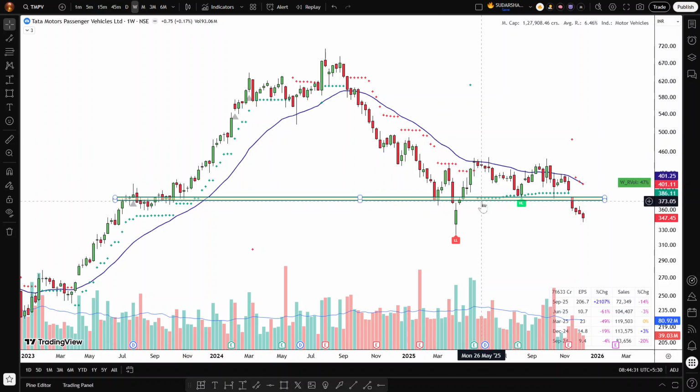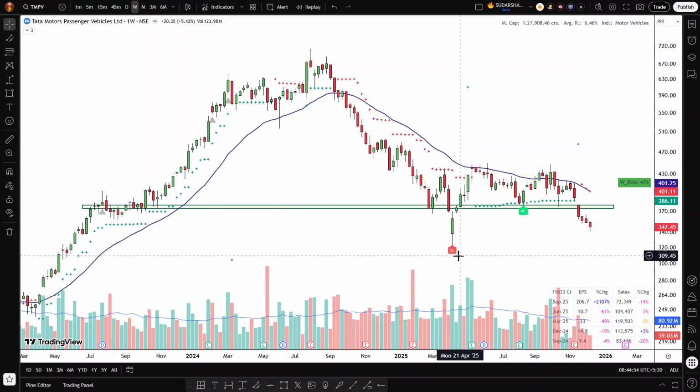See, here comes the green candle, here it indicates, but the fall is so much that it got accelerated again. Right now, if you look, there is a gap down, and again there are dots above the candle, which signifies further bearishness, right?